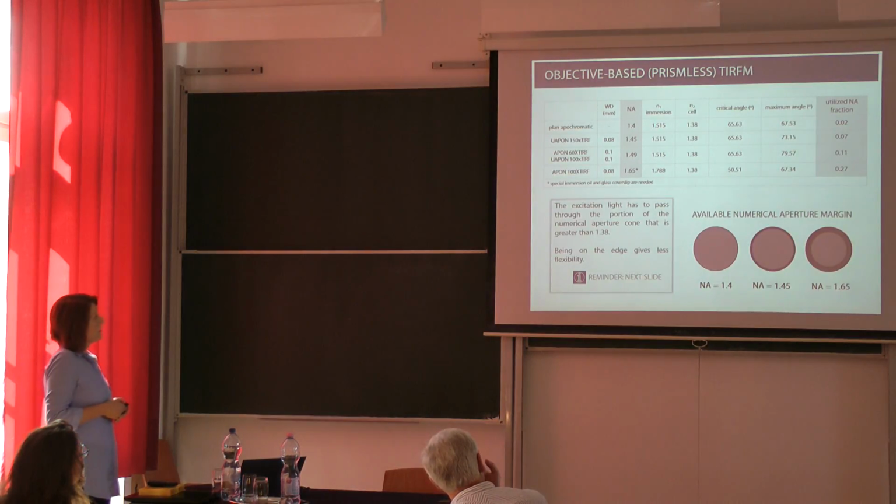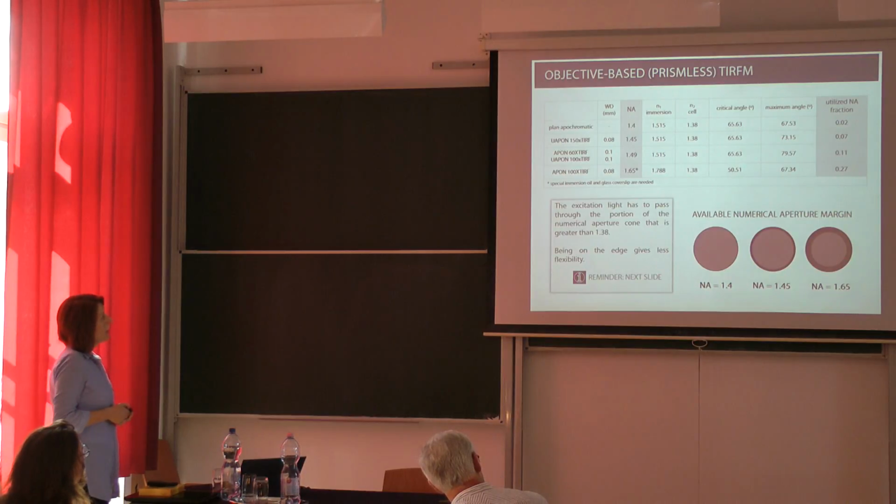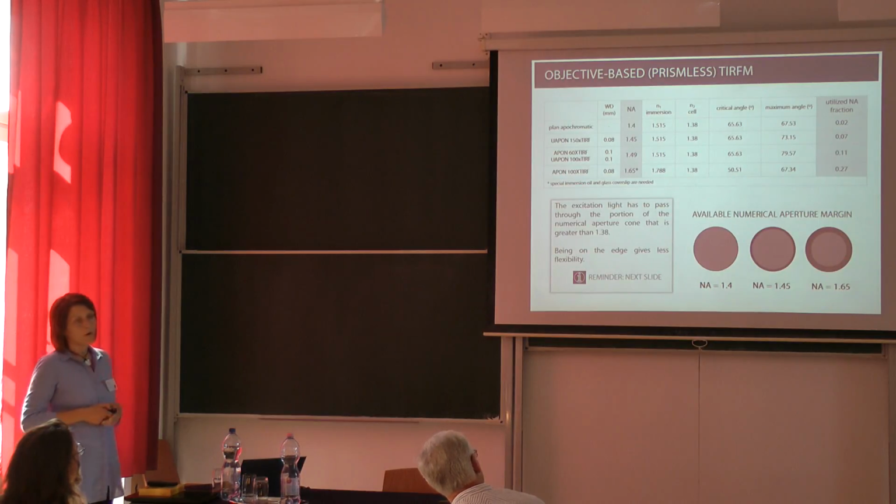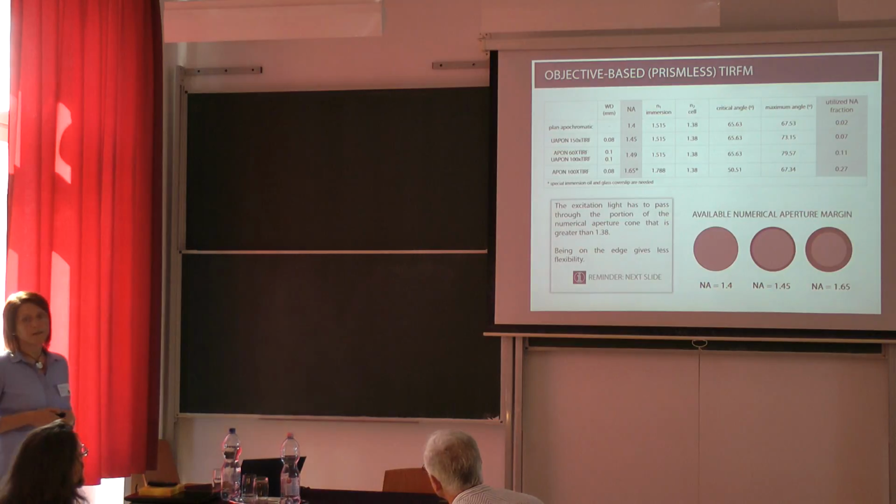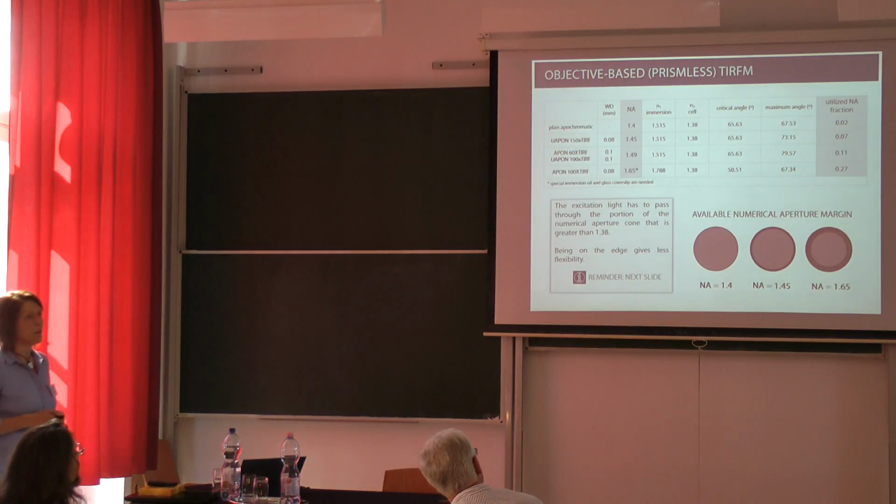What this table and also the figure highlight is that the higher the numerical aperture is, the more flexible you are in TIRF microscopy. If you are at the edge, for example using this 1.4 numerical aperture objective to image cells, considering the glass-cell interface, the fraction of the numerical aperture that can be used to set the TIRF illumination is 0.02.